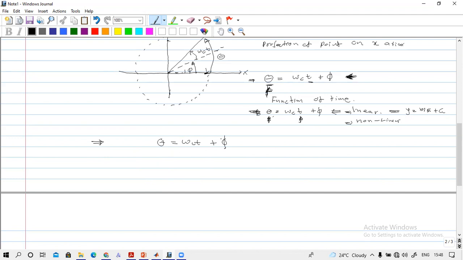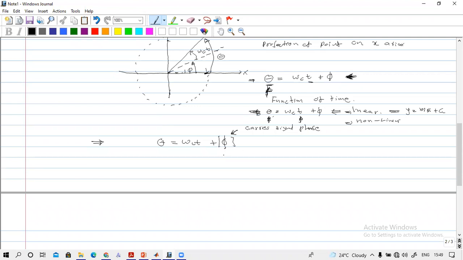You know that this φ is the phase of the carrier signal. This is the phase of our sinusoidal signal, which we took as the carrier wave. So we can say that this φ is the carrier signal phase.